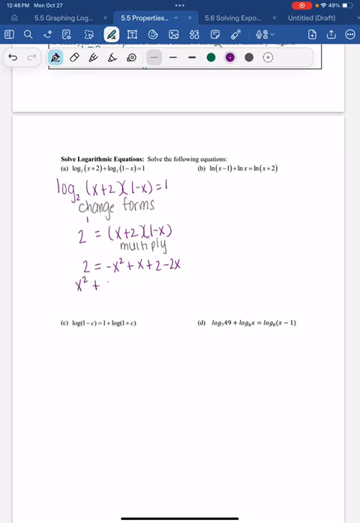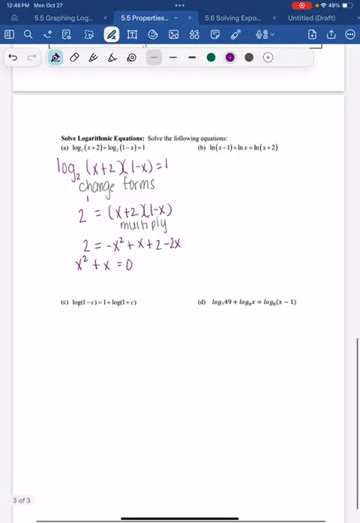I'm going to add x to both sides, and I'm going to subtract 2. So I moved the negative x squared to the left so I could keep it positive. x minus 2x is negative x. I moved it over, and then 2 minus 2 is 0. And now I'm going to take out the GCF. So you get x equals 0 or -1.